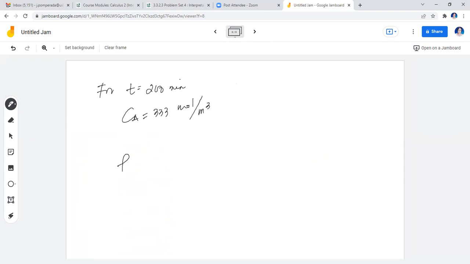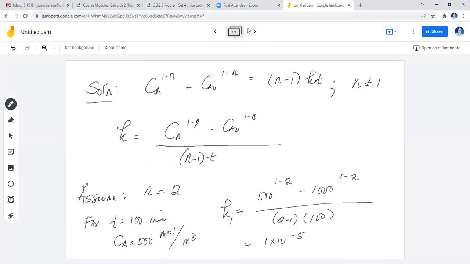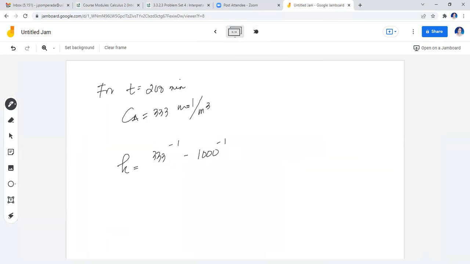So same thing, K is equal to, based on our formula, 333 raised to negative 1 minus 1,000 raised to negative 1. I just used the 1 minus n right away, so I simplified it already. Then you have here over 2 minus 1 times a time of 200. So your value for K, I'll have this as K sub 2.